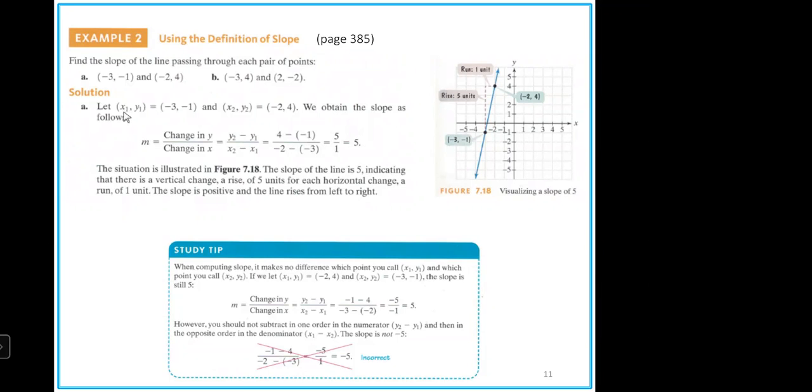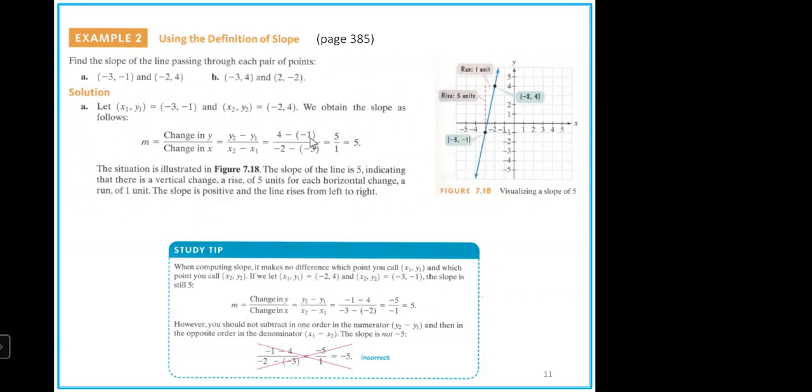And then the change in x, you start off with your second x point, which is -2, and then the first x point, which is -3. So x2 is -2, x1 is -3, so -2 take away -3.